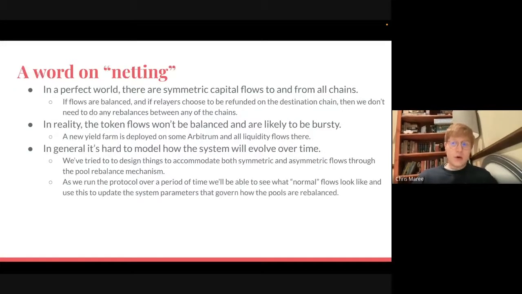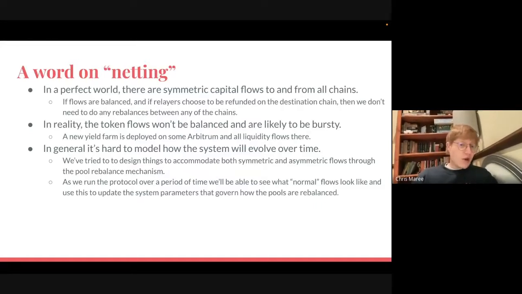So a little bit more about netting. In a perfect world where we have symmetric capital flows, where money is moving to and from all the chains, we don't really need to do many pool rebalances, especially if the relayers are choosing to be refunded on the same chain that they actually sent money from. So user A sends money from Optimism to Arbitrum, and user B sends about the same amount in the opposite direction. We never really need to do any pulling or pushing of funds.